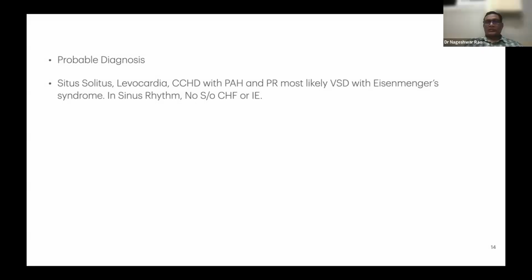So suppose there is a PDA with a moderate pulmonary regurgitation. What will happen to the pulse pressure, or what will happen to the pulse volume? What is the pulse volume in PDA? What is the pulse pressure in PDA normally?